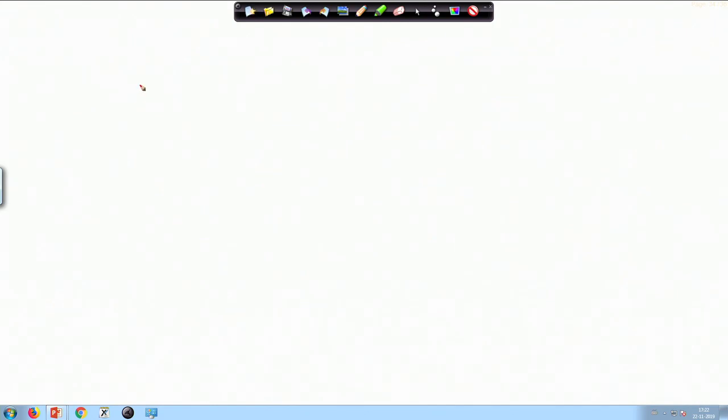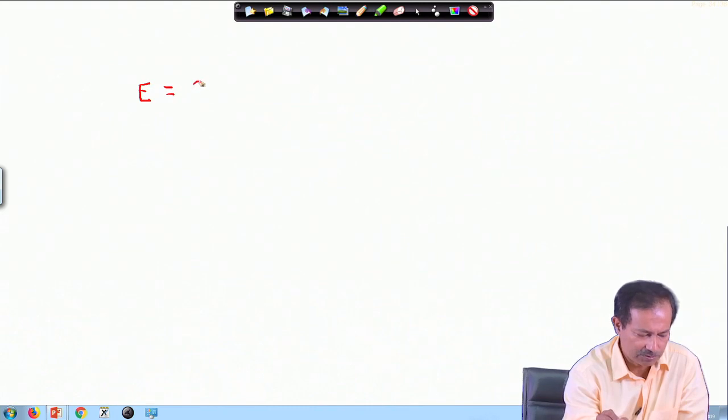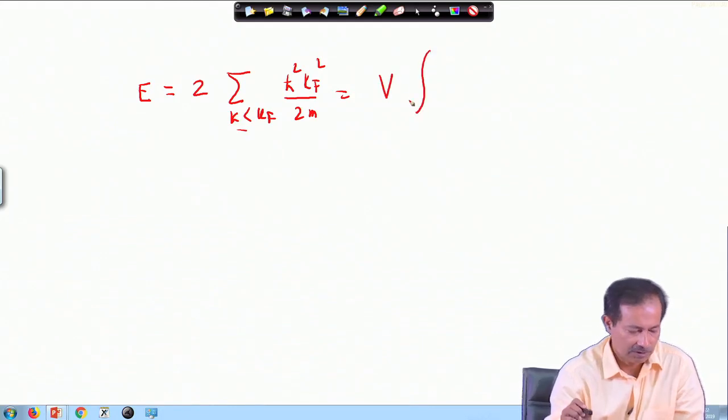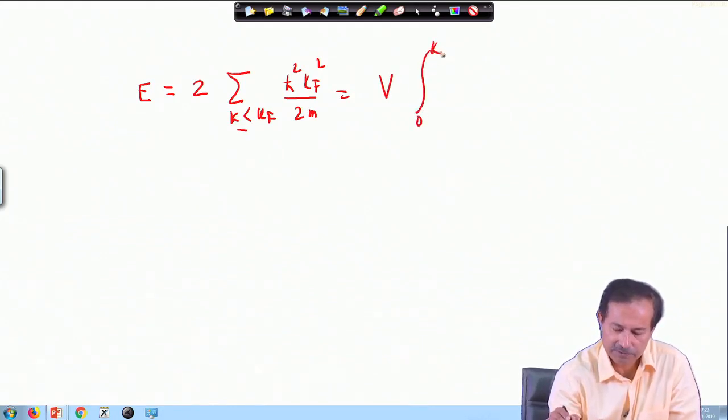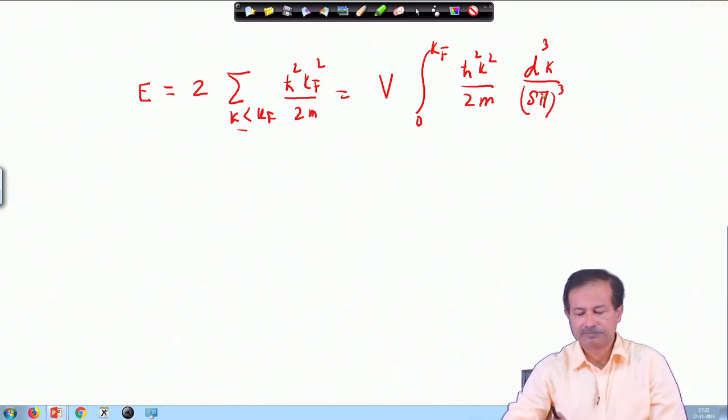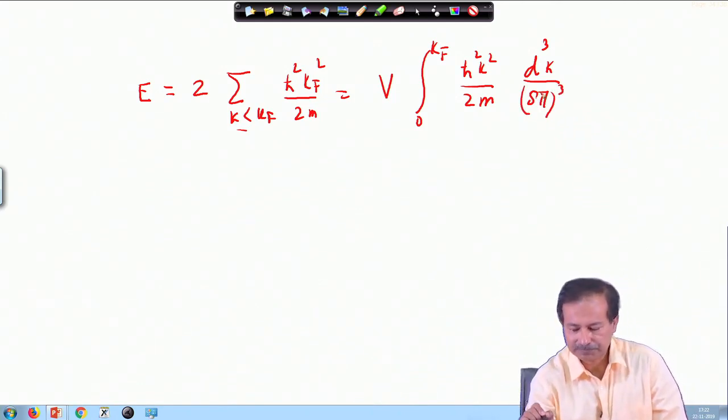It is exactly what I just did. So, that means 2 times the sum over k less than k_F of ħ²k²/2m equals V times the integral from 0 to k_F of ħ²k²/2m into the volume element divided by 8π³.